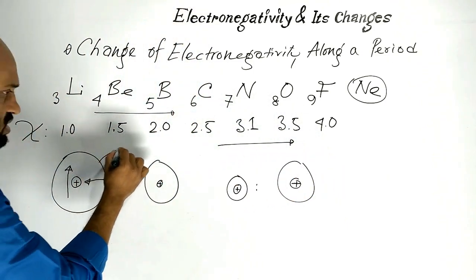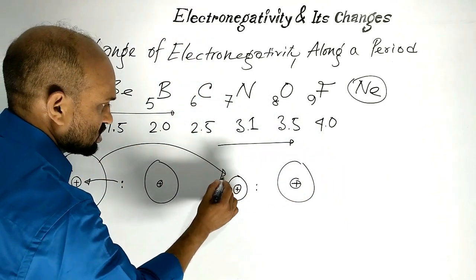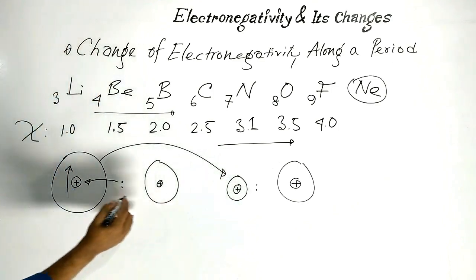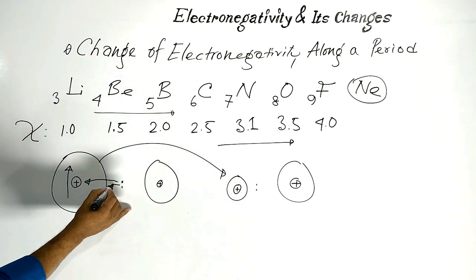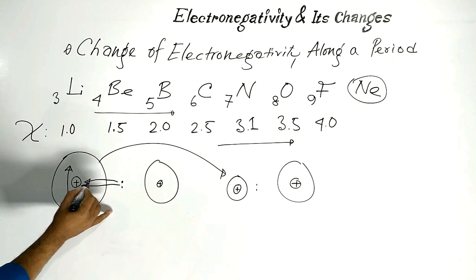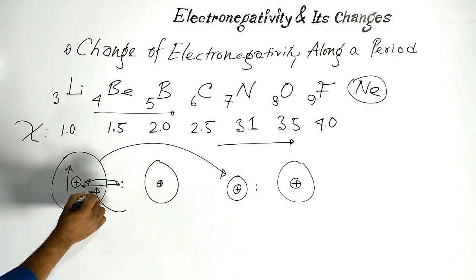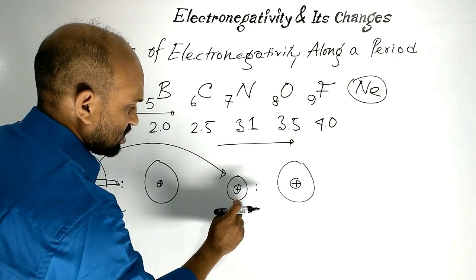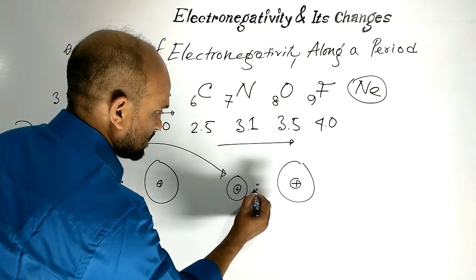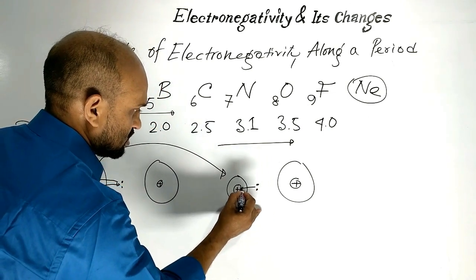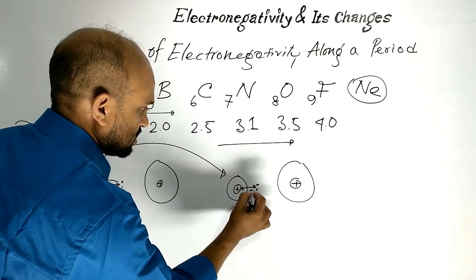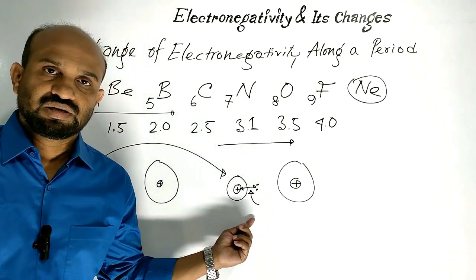Suppose this atom decreases to this atom. Here, the distance between the nucleus and the covalently bonded electrons is this. But when the atom is smaller in size, the distance is decreased.